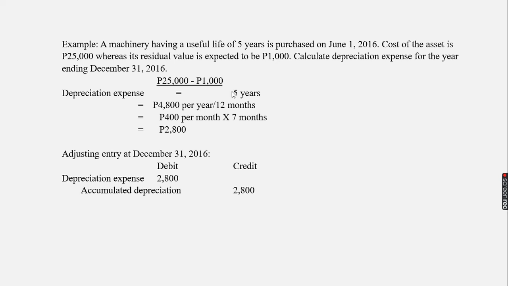So, ilang months from June 1? So, June, July, August, September, October, November, December. So, may 7 months siya. I-multiply natin siya ng 7 months. May 2,800 na depreciation expense yung machinery na binili mo noong June 1, 2016.